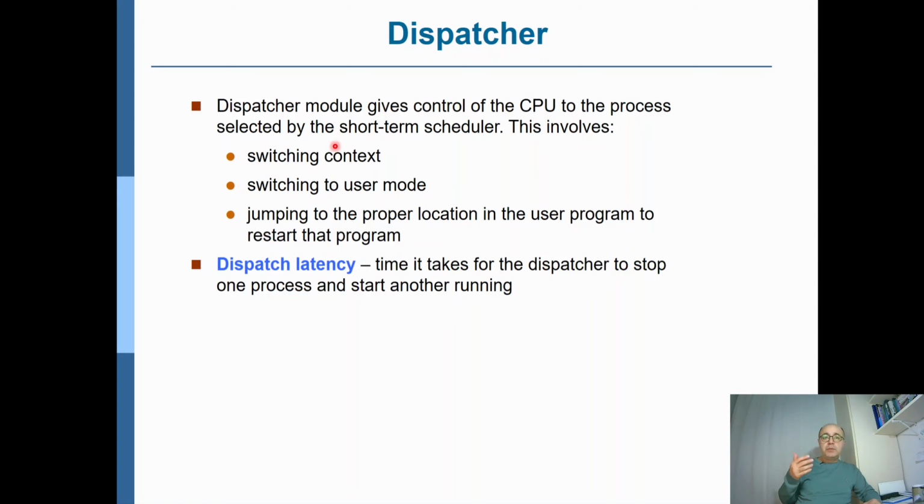And then, before returning the control back to that new process, it has to return back to the user mode. You should not forget that. Again, you should not stay in the kernel mode for that. And you should also jump to the proper location of that new process that comes into the CPU. And to be able to do that, you should be restoring the value of the program counter. That's why we store the program counter in the PCB.